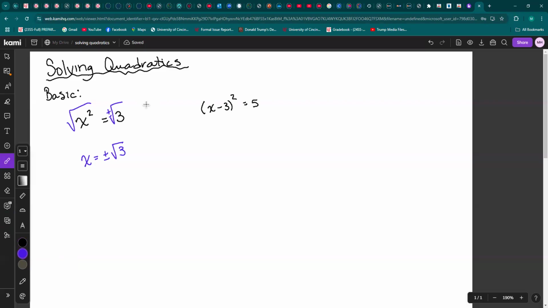I have no other variables, I just have numbers or constants. So this whole thing is squared. It's where my x is. So I could do a square root of both sides. Remember, when you square root on something that doesn't have that, you want that plus or minus at least once.